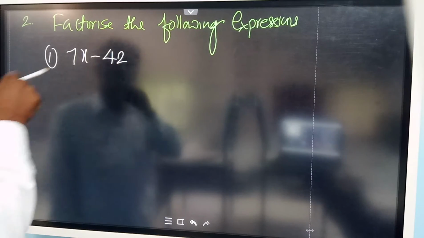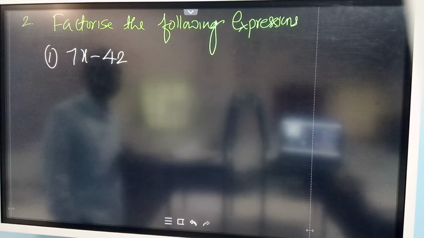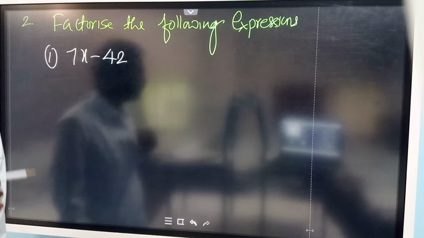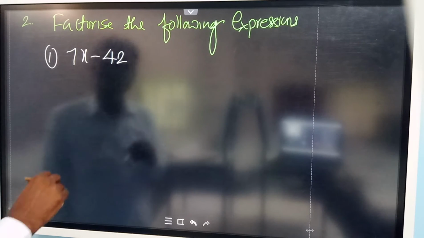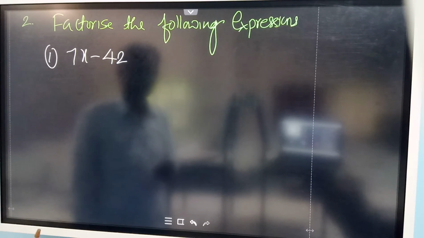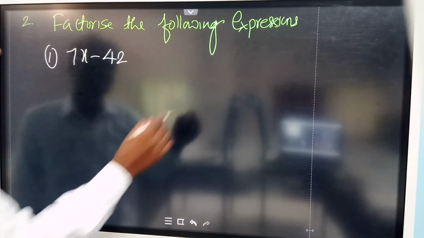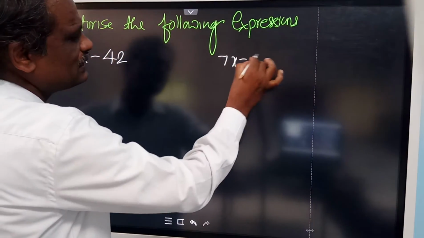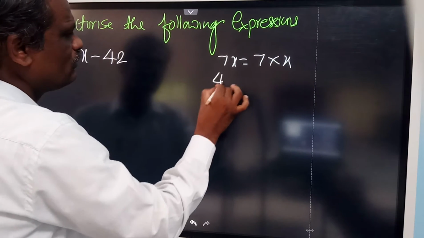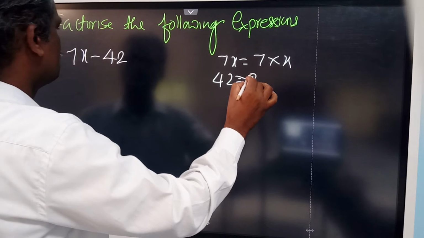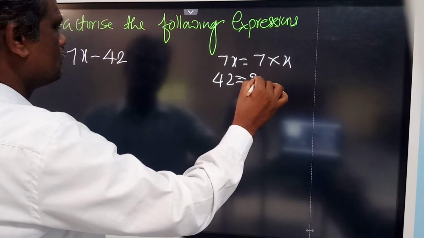So it is an expression. You have to factorize this one: 7x minus 42. What method can you follow here? Common factor. Both terms are divisible by 7. You can split this as 7 into x, and 42 is 7 into 2 into 3.